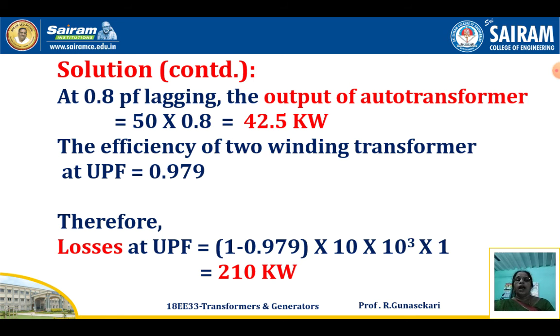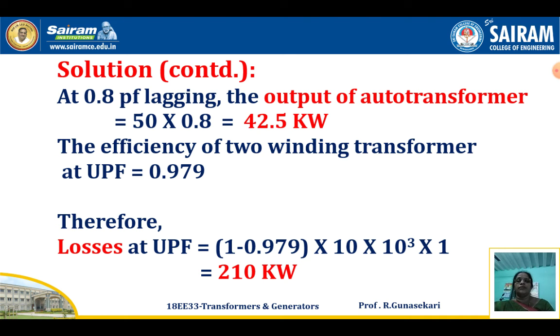Then at a 0.8 power factor lagging, we have to calculate the output of the transformer. So the output is kVA into power factor, from the power triangle. I already told you in the previous lecture videos: the adjacent side is P, the opposite side is Q, and the hypotenuse is the apparent power S. Then the power factor is cos phi, so the real power equals kVA into power factor.